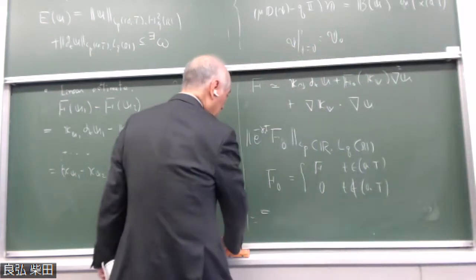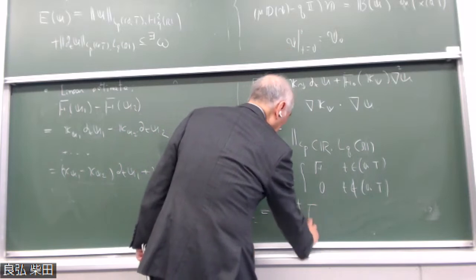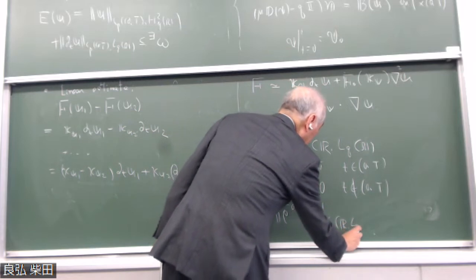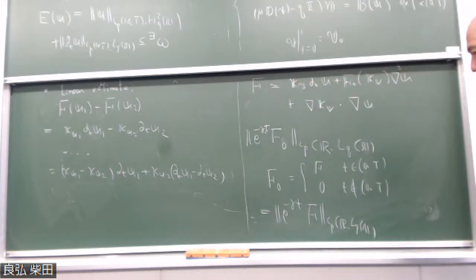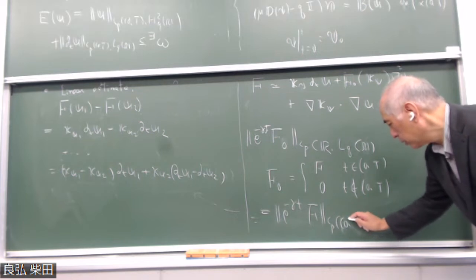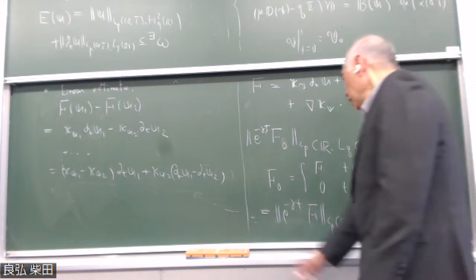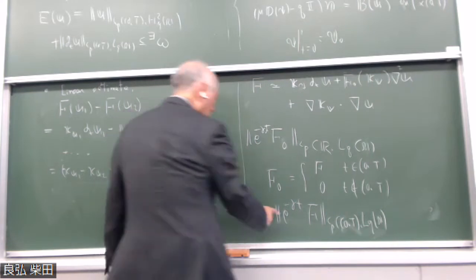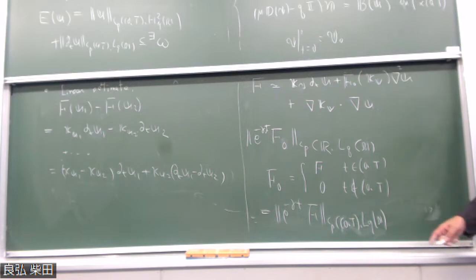But anyway, this is just e to the minus gamma t times the L_p(L_q(Omega)) norm over (0,T). And e to the minus gamma t is a decreasing function.